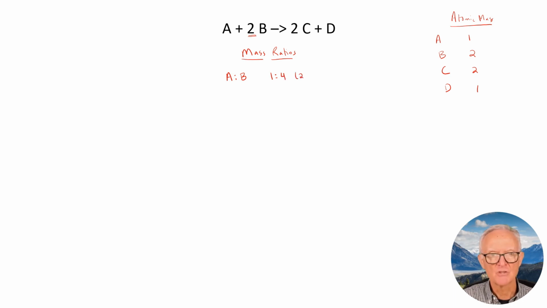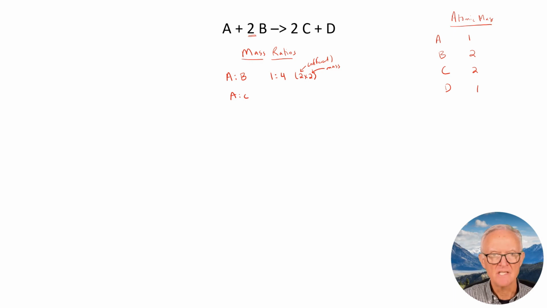It's the coefficient of 2 in front of B times the mass of B, which is also 2. All right, so A to B is 1 to 4.